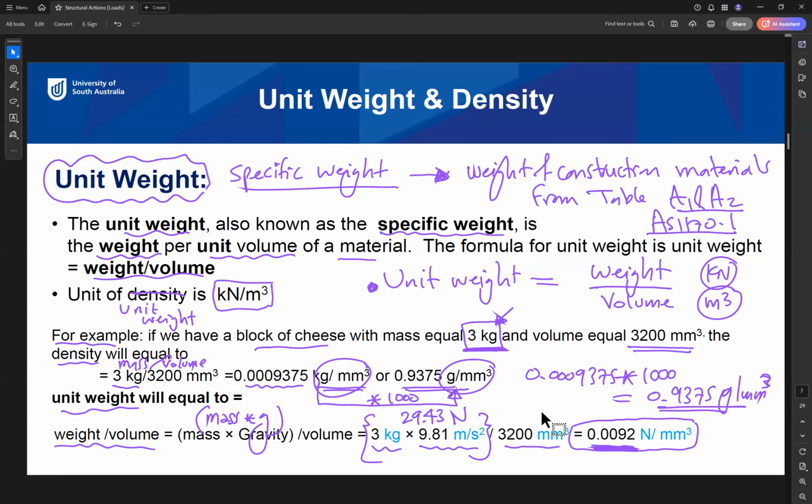So the density again is 0.9375 and the unit weight is 0.0092. Do you have any question about the mass and the unit weight?